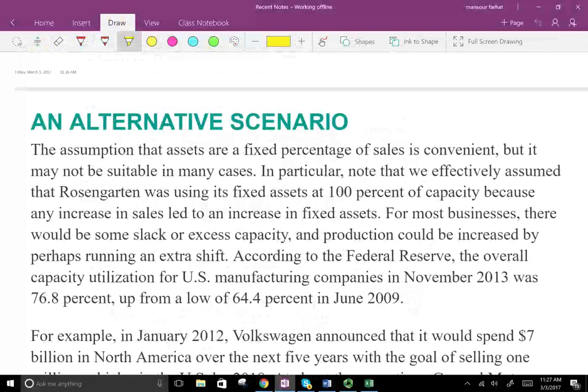The assumption that assets are a fixed percentage of sales is very convenient, but it may not be suitable in many cases. In particular, note that we effectively assume that this company was using its fixed asset at 100% capacity.